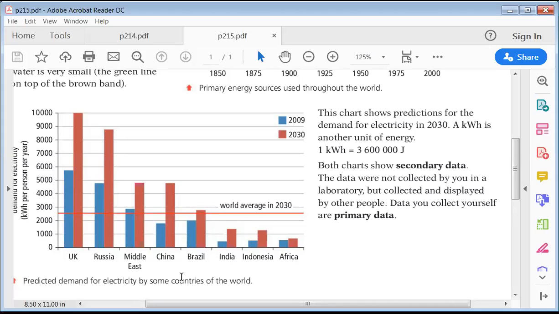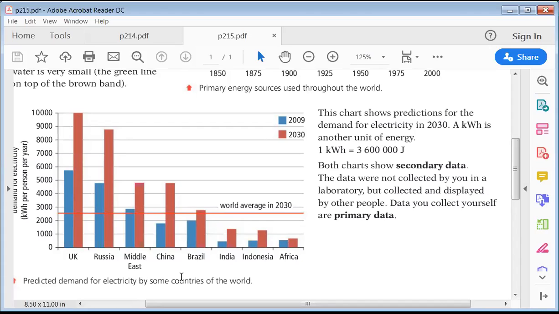UK is not just England. It has other countries too. This is the United Kingdom, all the United Kingdom, not just England. Okay, so UK is big.